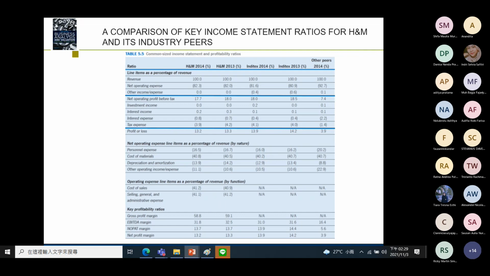So table 5.5 indicates that HMN experienced a small decrease in personnel expenses in 2014. As argued earlier, this is possibly because personnel expenses tend to exhibit stickiness in the presence of revenue per store decline, such as in 2013, given that it's costly to let off personnel and often difficult to cut salaries.